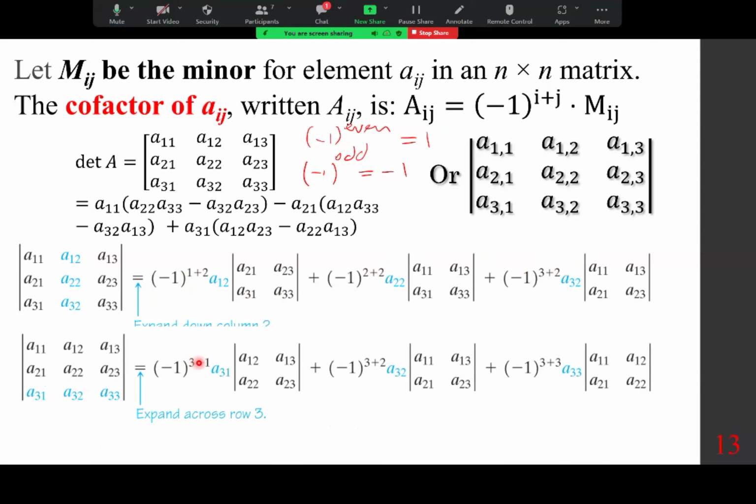Now notice, if we want to go with this one, 3 plus 1 is 4, -1 to the power of 4, and then you get rid of this. This is the determinant. For A sub 3, 2, you need this number. They will alternate. -1 to the power of 3 plus 2 is -1 to the power of 5, which makes it negative, and so on. I want to make sure you understand this is a negative sign, this is positive, negative.